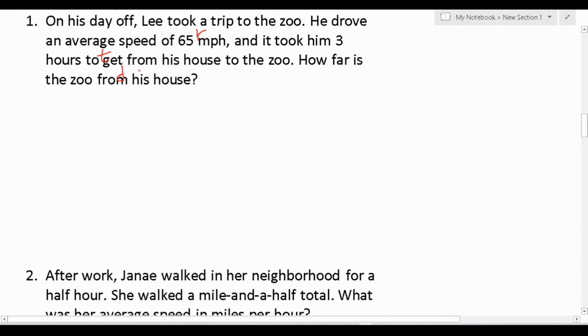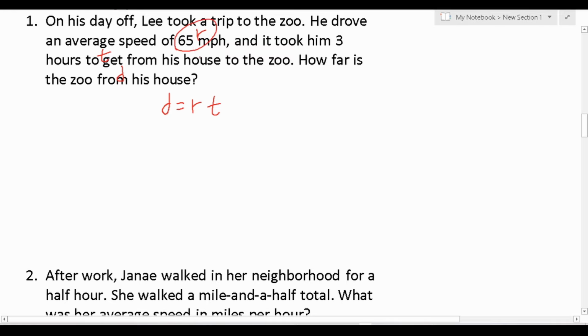Now that we've identified what we were given in this word problem, as well as what we need to solve for, let's go ahead and do so. Again, these are basic word problems, so we know we're just going to be using the distance formula as it is. Let's plug in what we have.